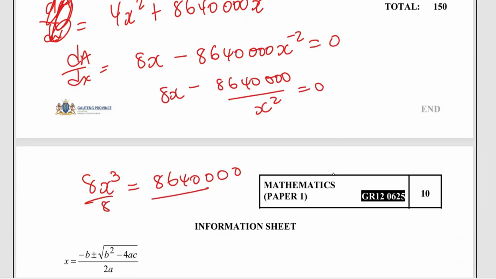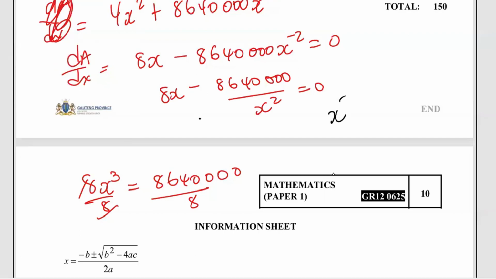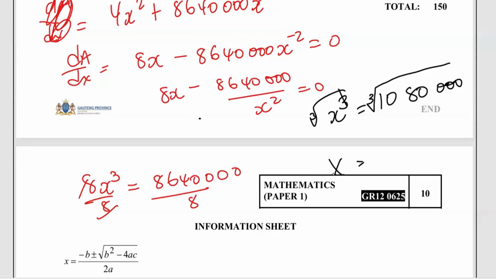So if I divide by 8 on either side, x cubed is going to be 8,640,000 divided by 8. Getting a weird answer, 1,080,000. And then I need to find the cube root on either side.